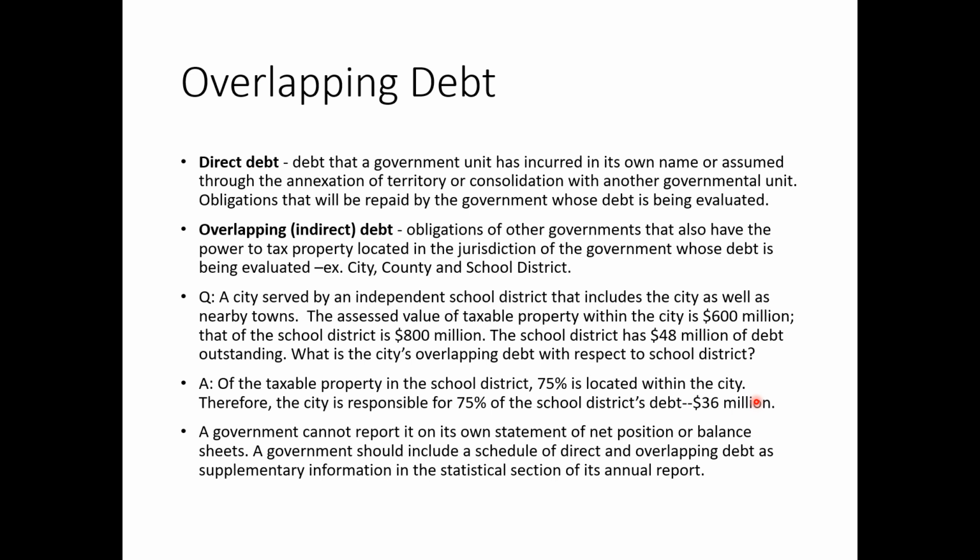The city has to consider $36 million when they are about to levy tax or issue new debt, because they know the people in their jurisdiction already have the burden of $36 million debt. And this is the indirect one, overlapping debt.